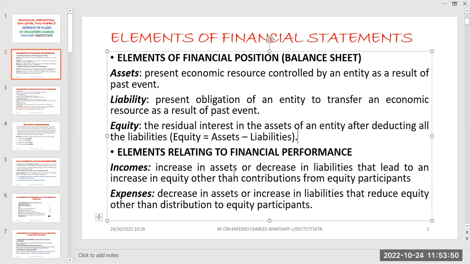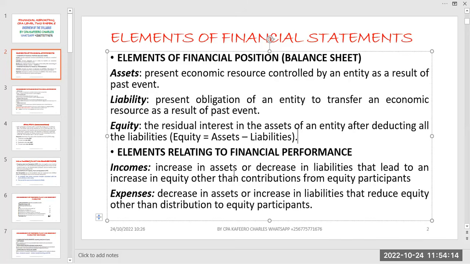Let's say you are given a provision for bad debts, and you find that with time that provision keeps on increasing. That increase in provision for bad debts is also treated as, remember, the other one is a liability because you're expecting some people not to pay you. They are increasing. If they are increasing, we treat it as an expense.